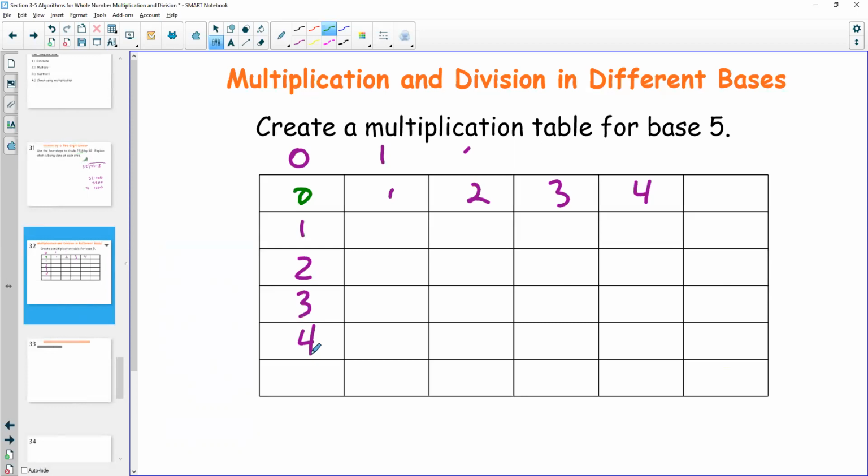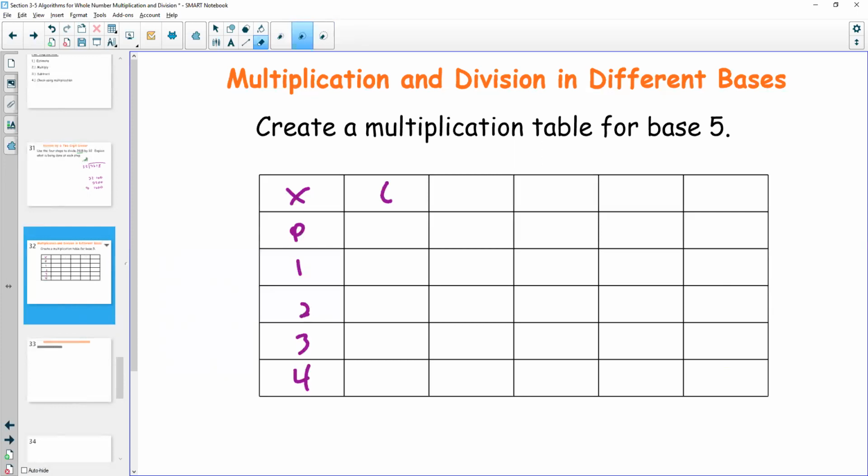Oh, there it is. How did I have it set up? Ah, that's why I needed zeros in both places. So let me clean this page up. Okay, here we go. I had a multiplication sign right there. That was my problem. I had too many boxes. 2, 3, 4, because we only have 0 through 4 in base 5, right?